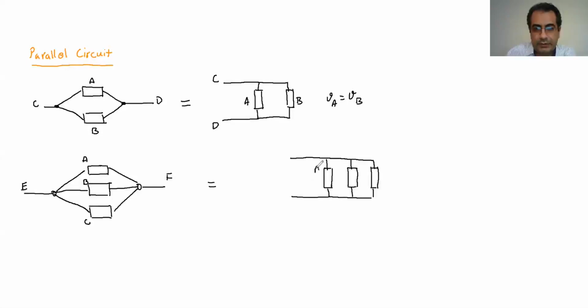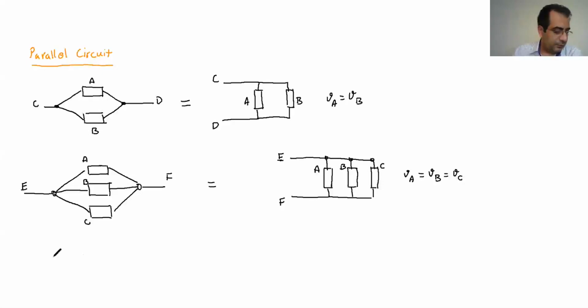If this is E here and this is F here, then E comes in, splits into 3, connects to A, B, C, then they join back together and go to F. This is how you will see it in the book. And if you have something like that, they have the same voltage. So V in A is equal to V in B is equal to V in C. These three have the same voltage as well.